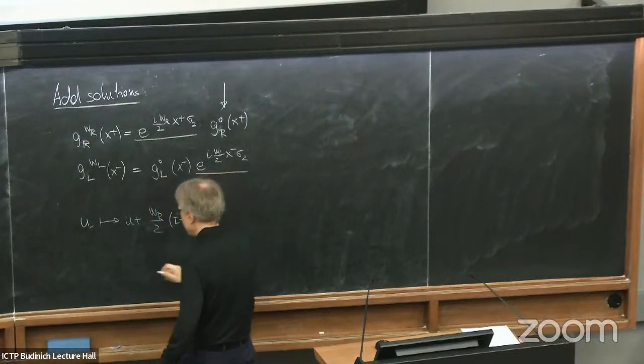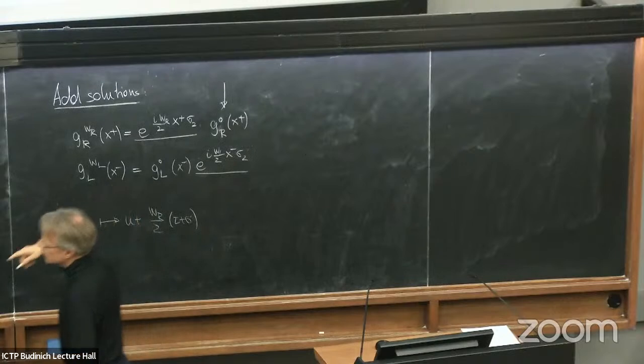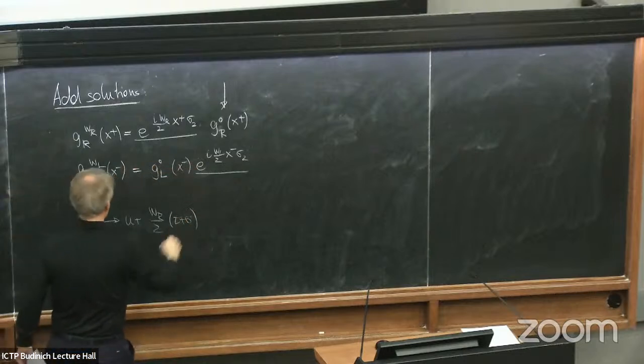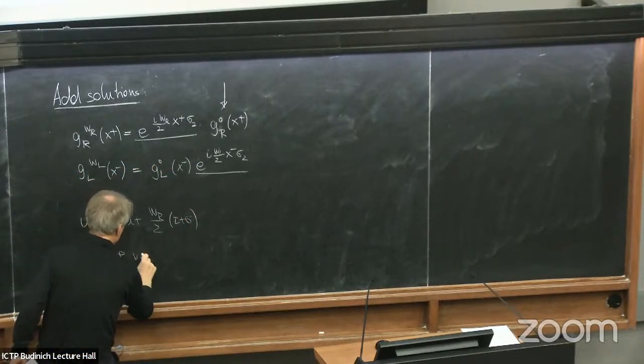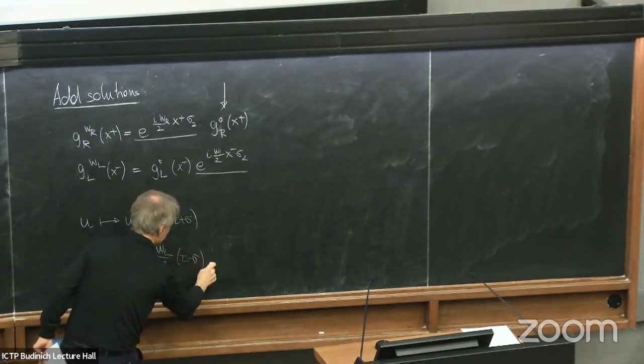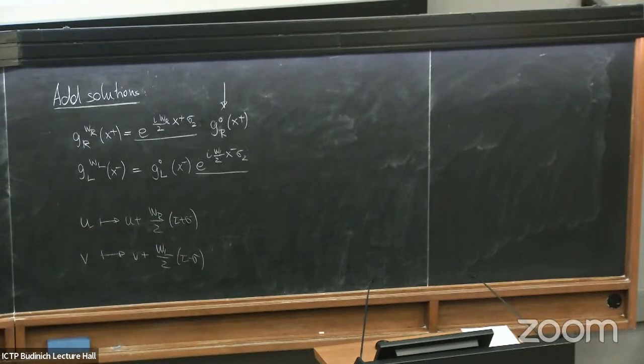And it will shift v, which is the factor standing on the right here. So v is what stands on the right, and u is what stands on the left. So u gets shifted by this factor, and v gets shifted by the corresponding factor, WL over 2 times tau minus sigma. And now, why is this a smart thing to do?